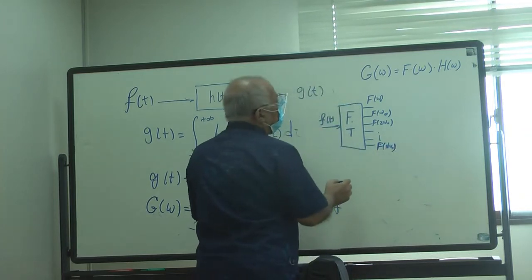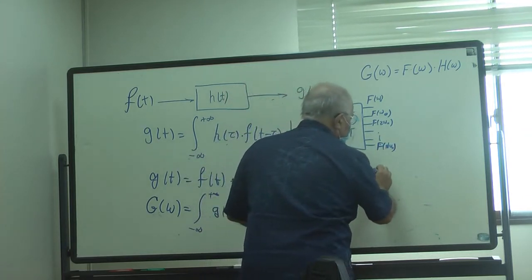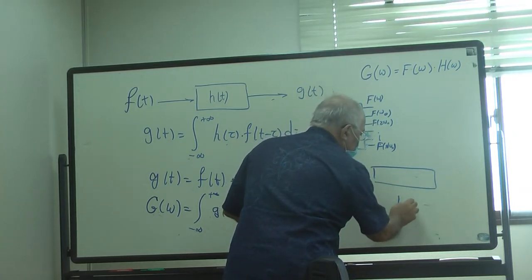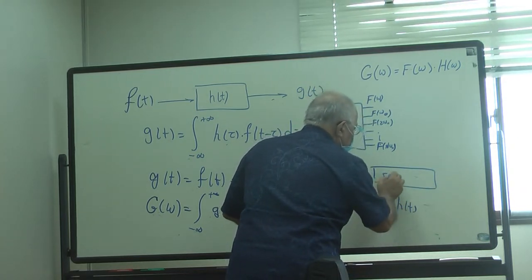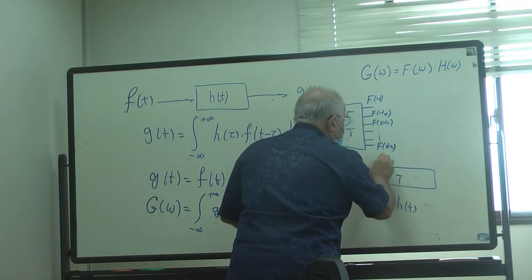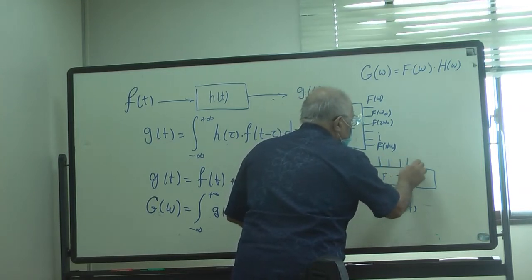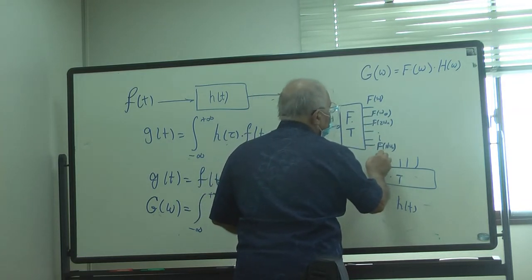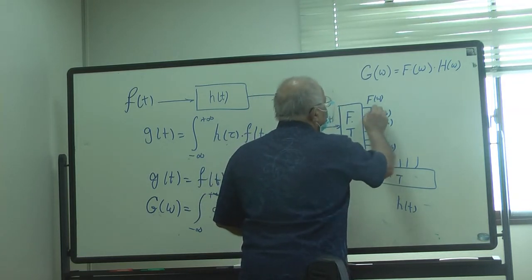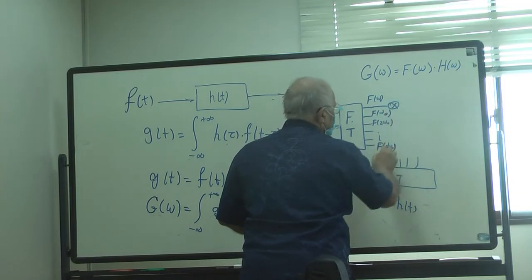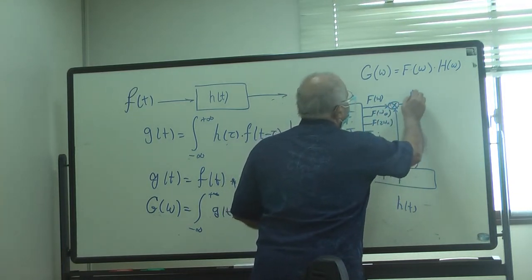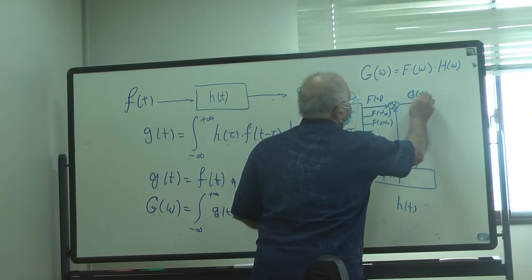Then if you have h(t) here, and make its frequency transform, then H is here. The same beam: this beam multiplied by this is G omega 0.